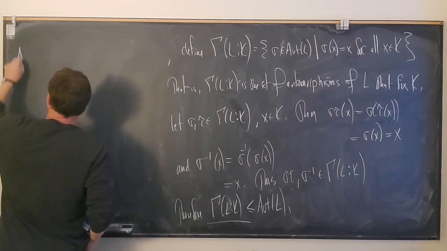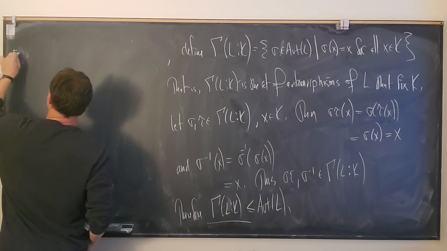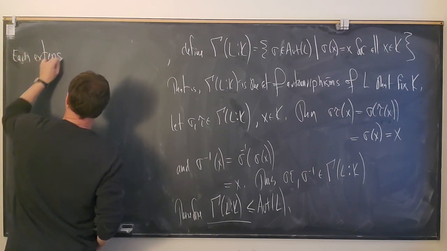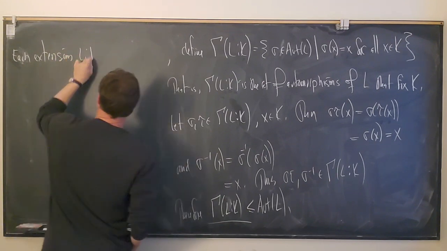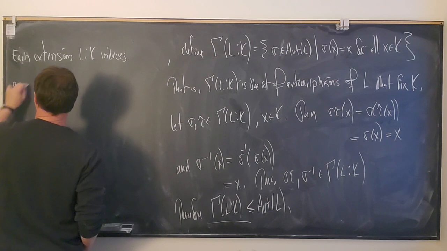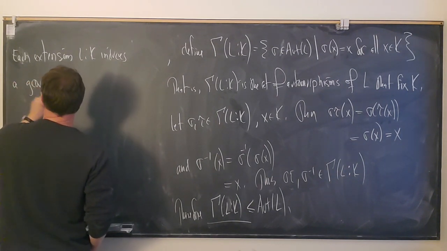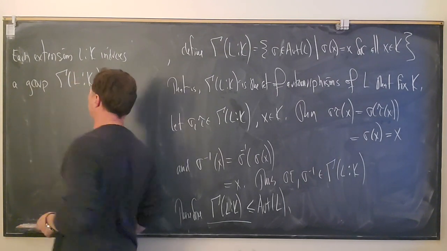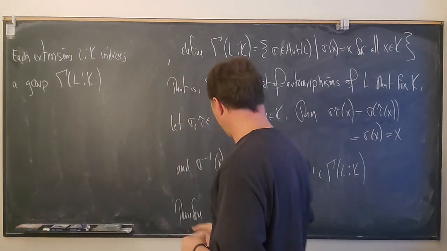So each extension L over K induces a group, gamma of L over K. So what do we have now, right?